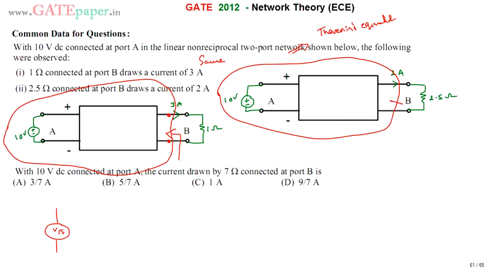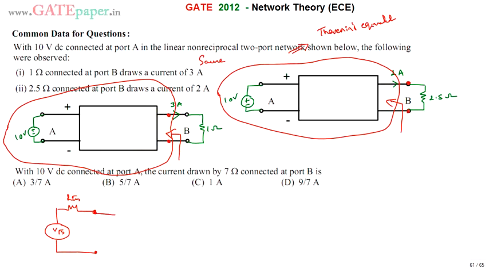The complex network can be replaced with VTH in series with RTH, the Thevenin's resistance, at the terminals of interest. This will be port B.